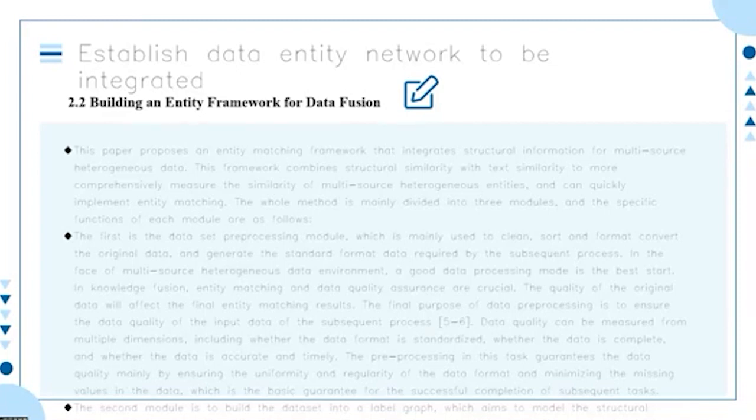The processing in this task guarantees the data quality mainly by ensuring the uniformity and regularity of the data format and minimizing the missing values in the data, which is the basic guarantee for the successful completion of the subsequent tasks.